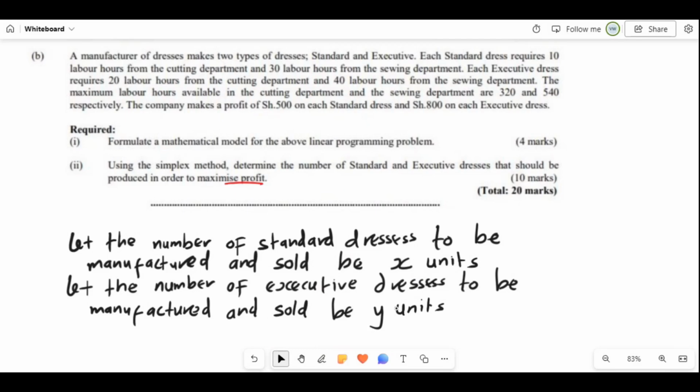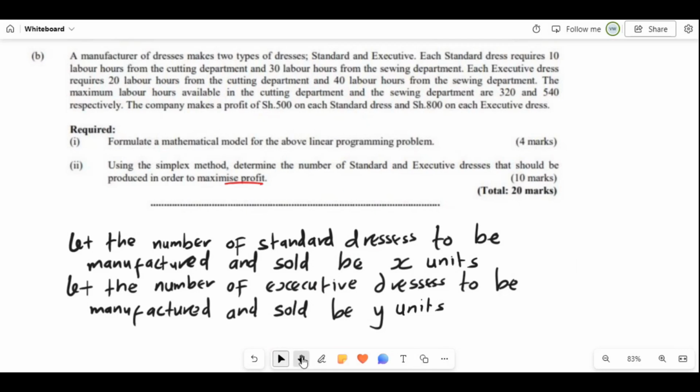So now that we've assigned our decision variables algebraic designation, we need to formulate the linear programming model.